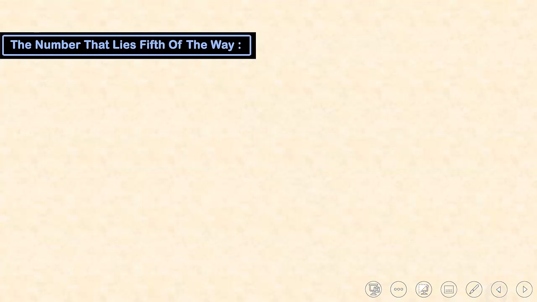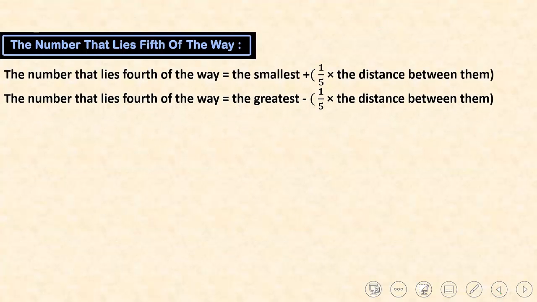What about, for example, if he asked me to find the number that lies 1/5 of the way from the smallest side. So the smallest number plus 1 over 5 times the distance between them. And the same goes for the greatest side. Greatest number minus 1 over 5 times the distance between them.